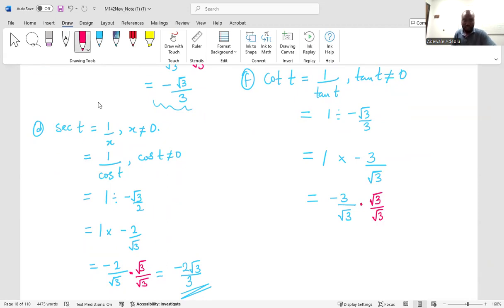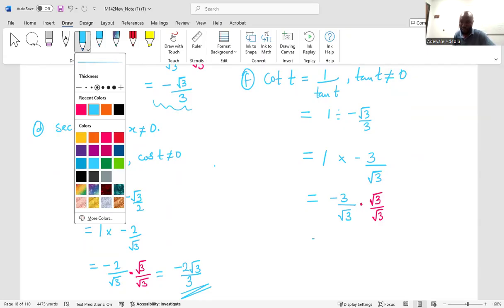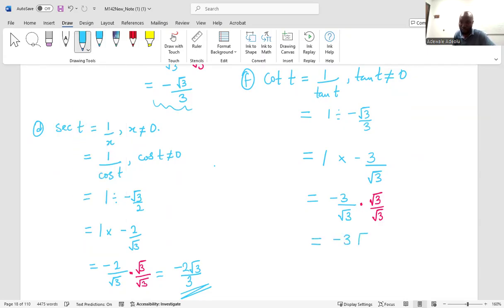So in the end, I will have negative 3 root 3 divided by root 3 times root 3, which is root 9. The square root of 9 is 3. And then 3 over 3 cancels. So I have negative root 3 as my answer.